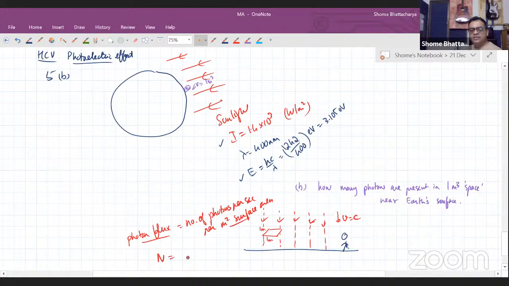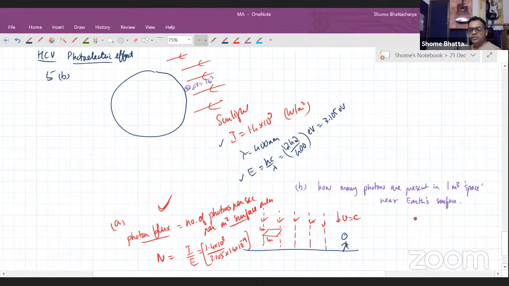It is the intensity divided by the energy of the photon. So it is 1.4 into 10 raised to 3 divided by 3.105, which gets multiplied with the area to get the number of photons per second. So this is the A part. You already calculated this, right, Aditya?